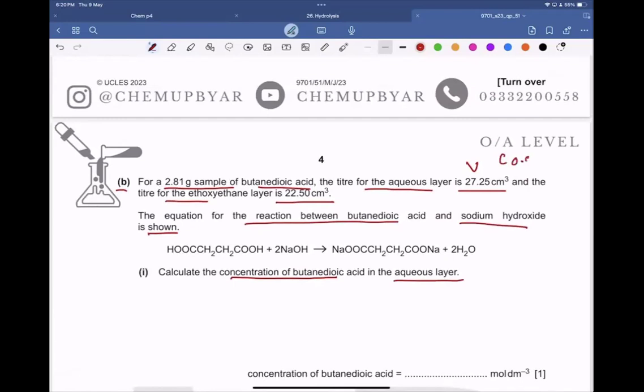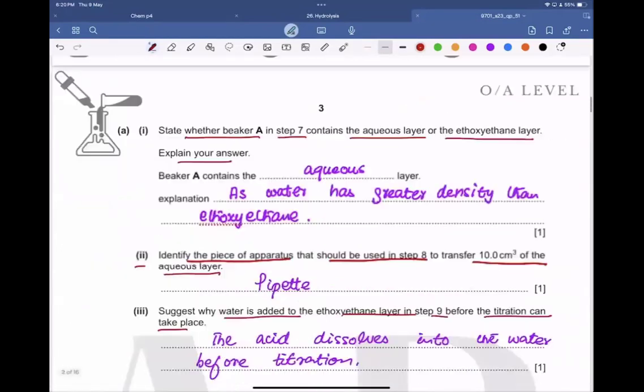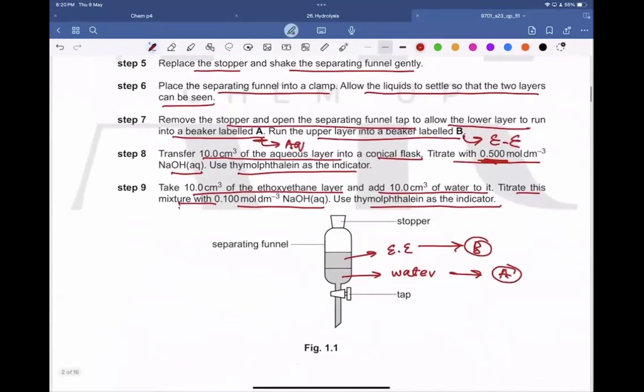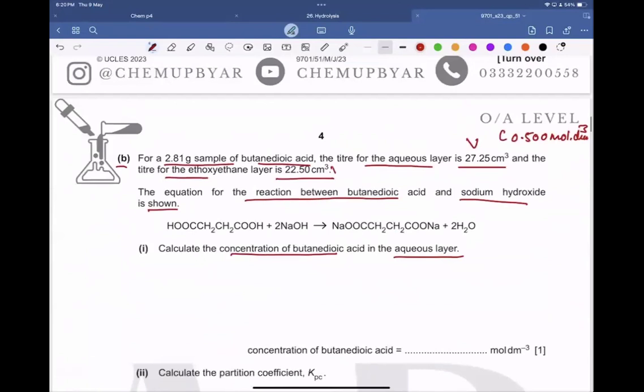And with the ethoxyethane, the concentration of NaOH used is 0.100 mole per dm cube. Okay.